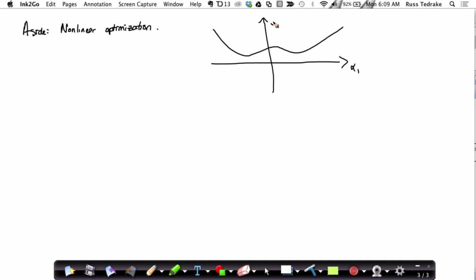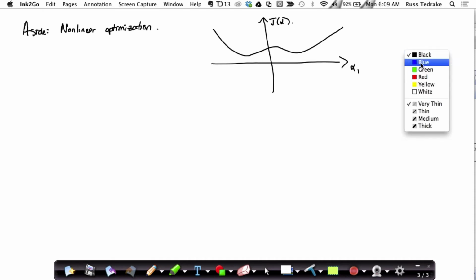Let's call it J of alpha to be consistent with what we were just using. There's a number of ways I can try to numerically find the minima, or a local minima, of some function like this.